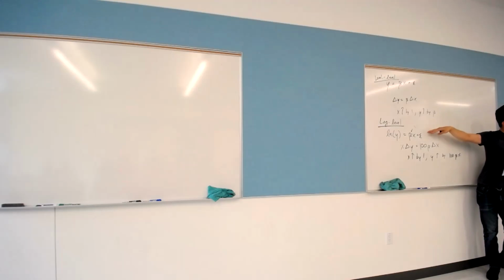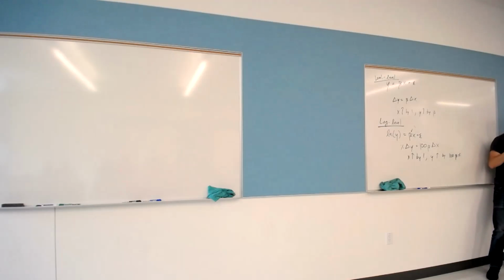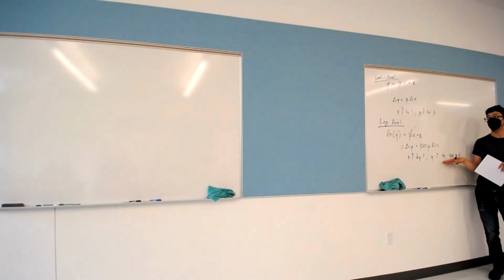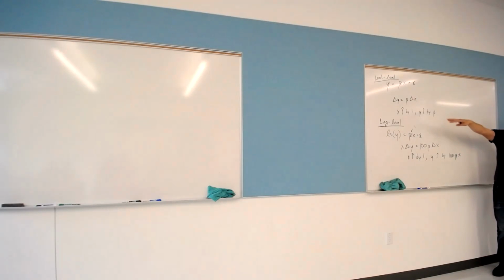Has anyone heard of this before? No. Okay. It's a little odd. Why does this work out? This is super common in economics. You might see things like this to do measures of elasticity. It's usually log-log, and we'll get to that for elasticity, but it's very common to see this type of relationship.